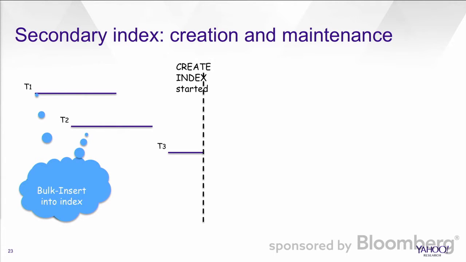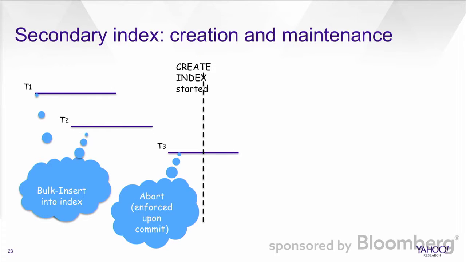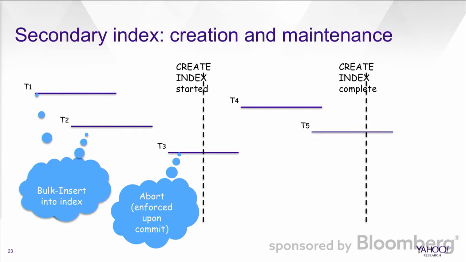Creating the index might take days, but we will abort only transactions that started before the point that the user asked to create the index. So it's a very small number of transactions. And then at this point, we also open another coprocessor that takes every update done by different transactions and adds it to the index as well. And once the create index completes, the index becomes valid, and afterwards every update will be added as well.